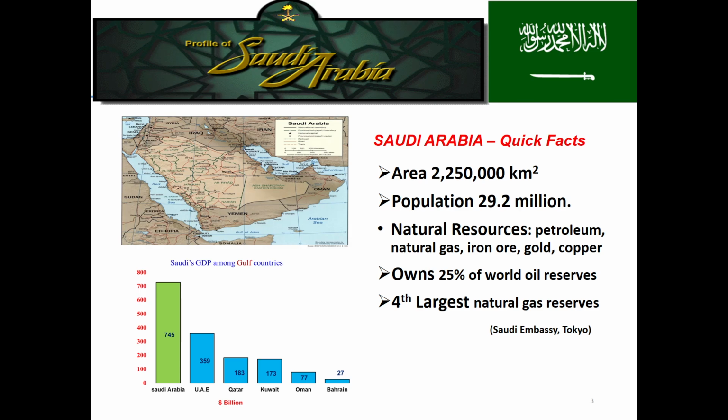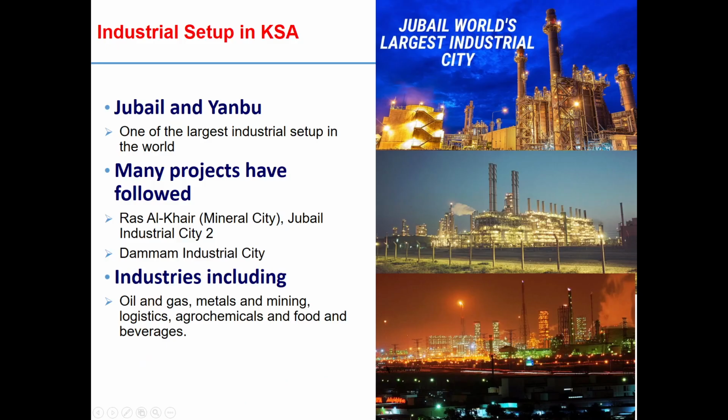Saudi Arabia owns 25% of the world oil reserves, and it is the fourth largest natural gas owner also. If you look at the GDP among the Gulf countries, Saudi Arabia has the highest, around 750 billion dollars.